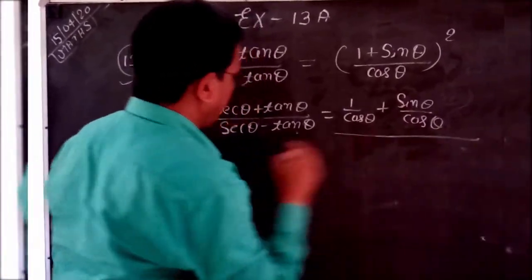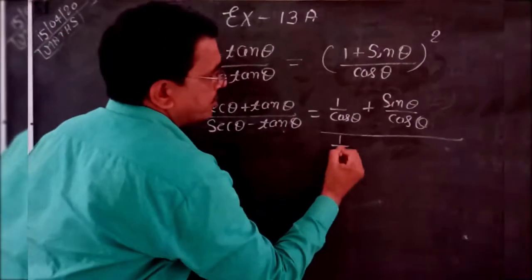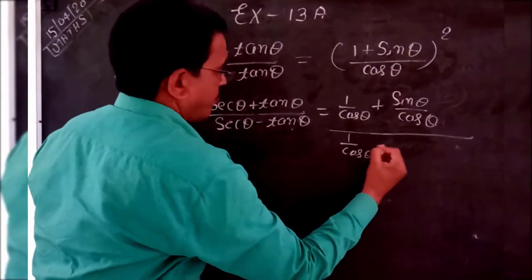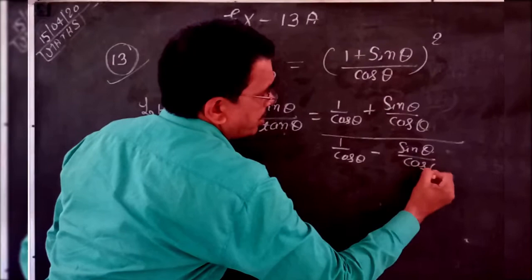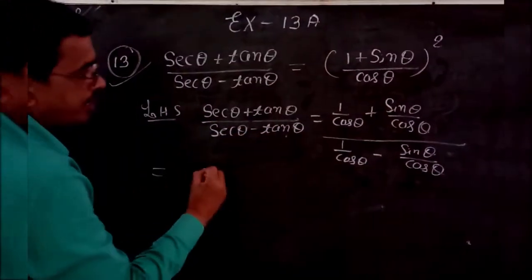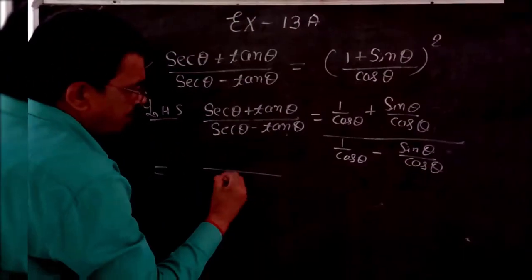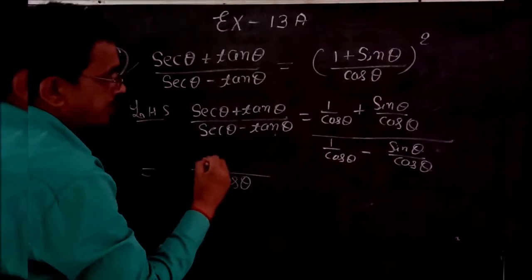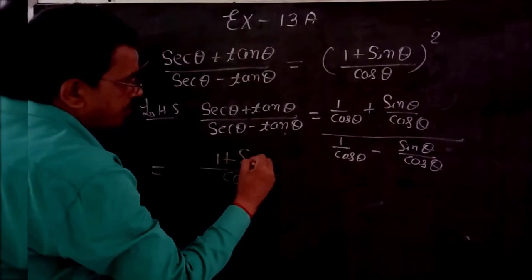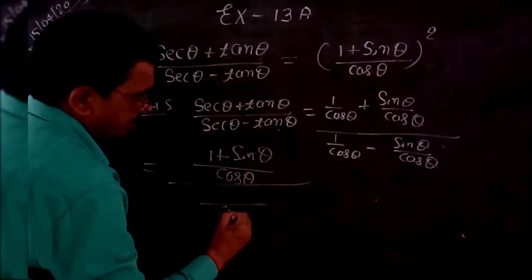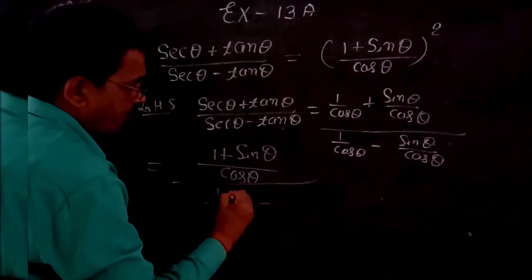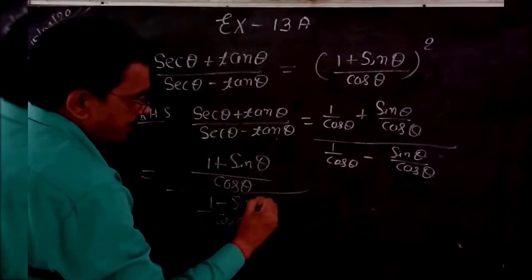Here the line: sec theta is 1 by cos theta minus sin theta by cos theta, and here take LCM, that is cos theta, and it is 1 plus sin theta, and here is cos theta, it is 1 minus sin theta.